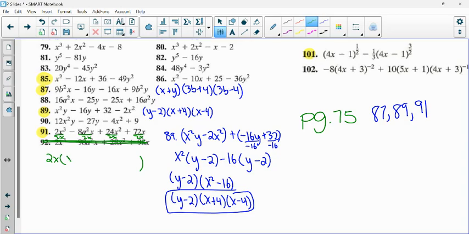So that would give us x squared minus 4a squared, the x's are gone, plus 12x and then plus 36.